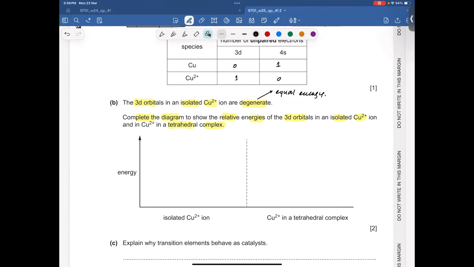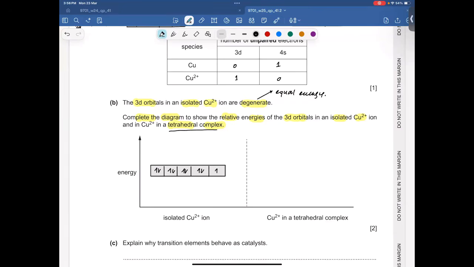So isolated copper 2 ion has degenerate d orbitals with equal energy. Okay, this d orbital contains 9 electrons.